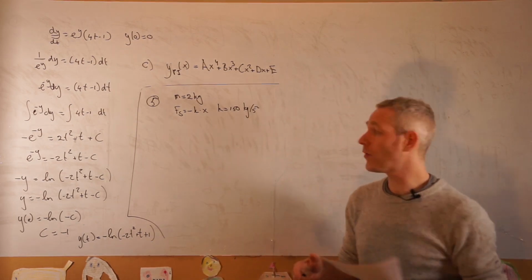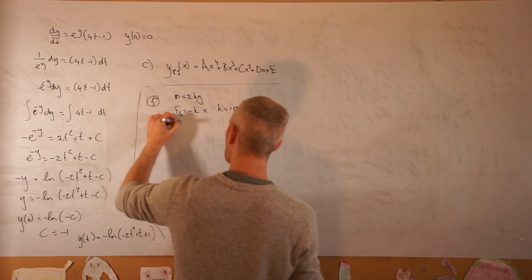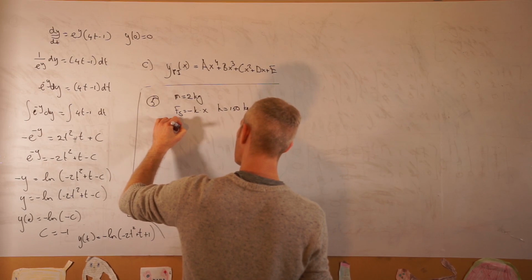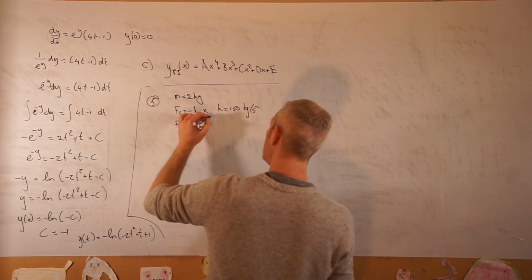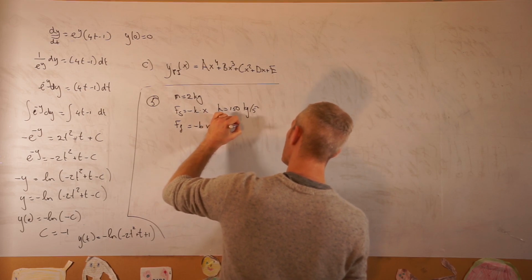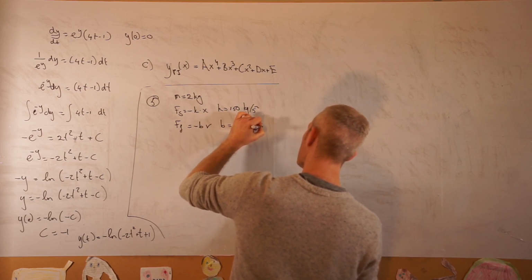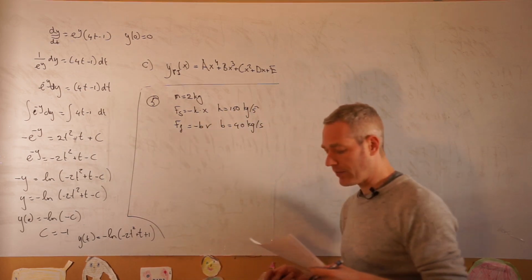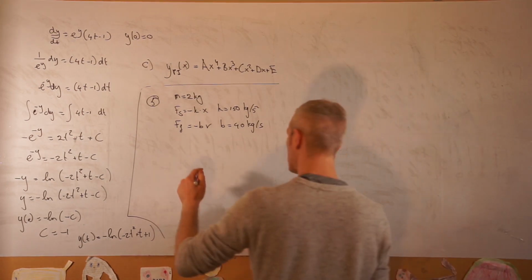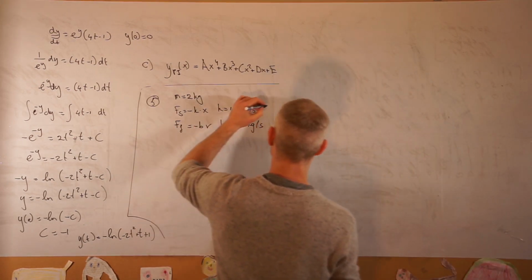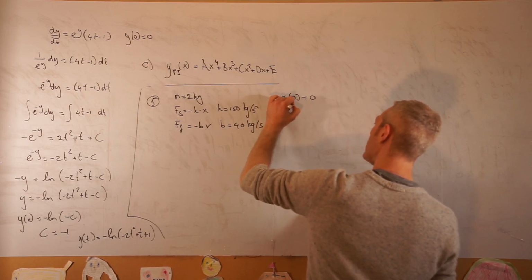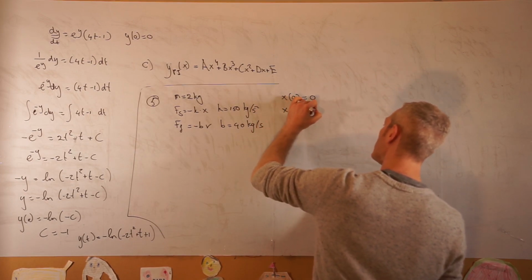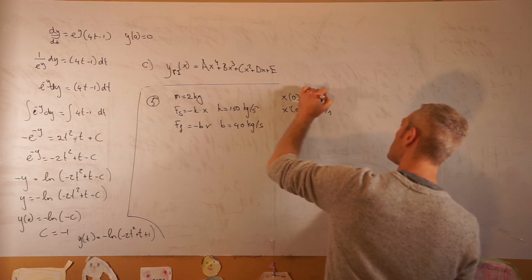We have another force, some kind of friction force, which is equal to minus b times v, where b is 40 kilograms per second. And we have two initial conditions, x(0) is equal to 0, and the first derivative is equal to 10.